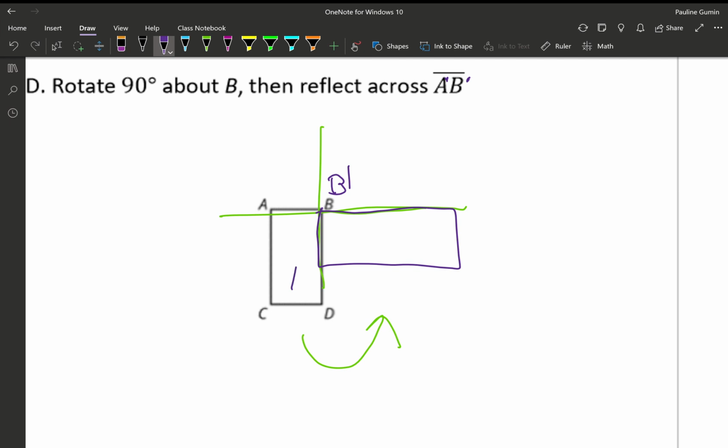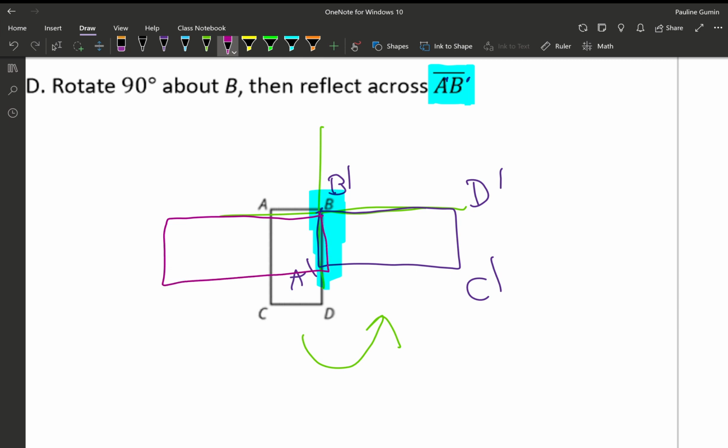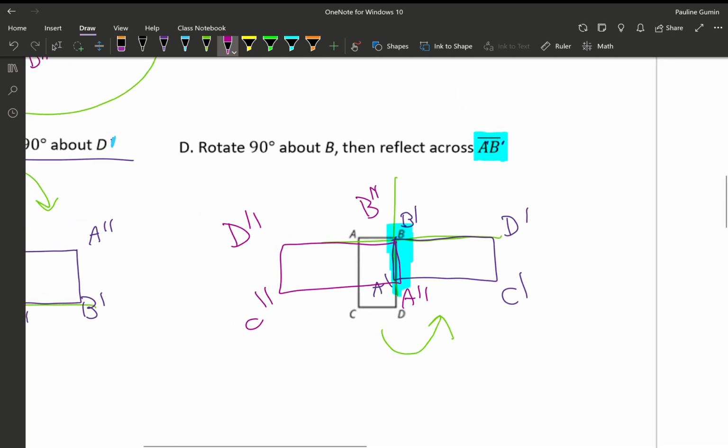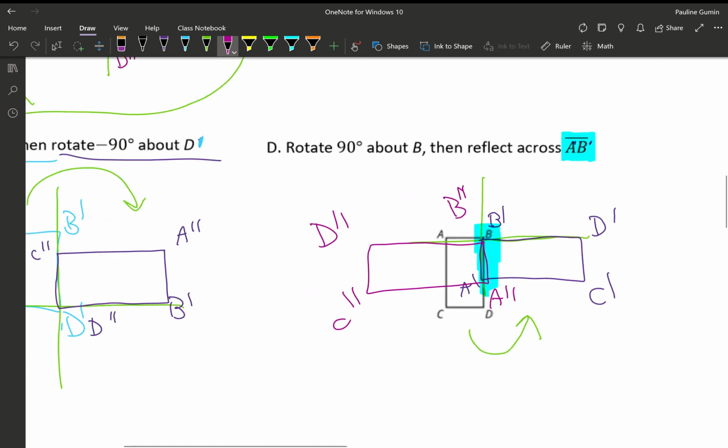B prime, A prime, D prime, C prime. The second transformation is going to be a reflection across A prime, B prime. So our image ends up right here. B double, A double, D double, C double. So a bit messy, but two transformations at once.